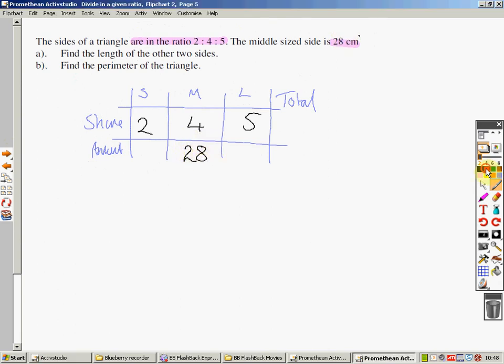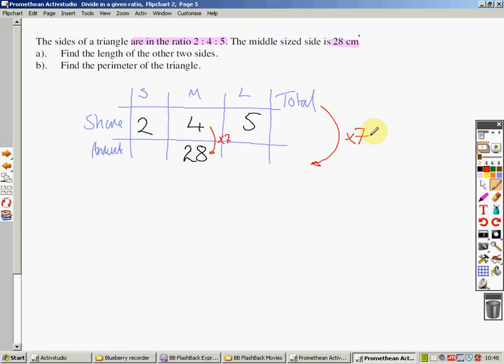And as before, I need to identify my multiplier for the table. There is no total at the moment, so I can't use that as I would have done previously. This, however, is linking the top line to the bottom line. How do I get from 4 to 28? Times 7. So my multiplier for the whole table is times 7. Always write that nice and clearly there.